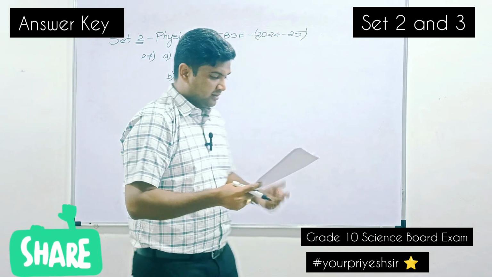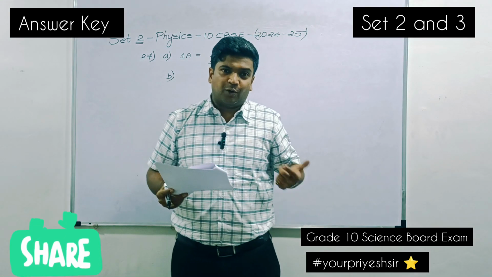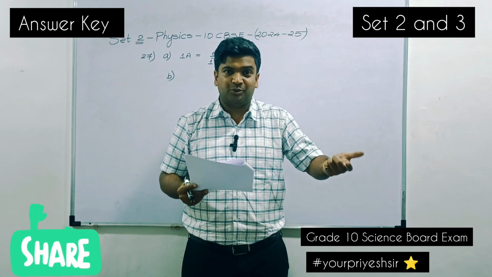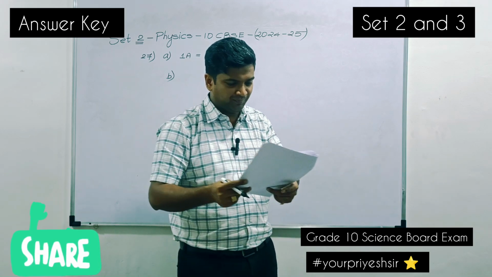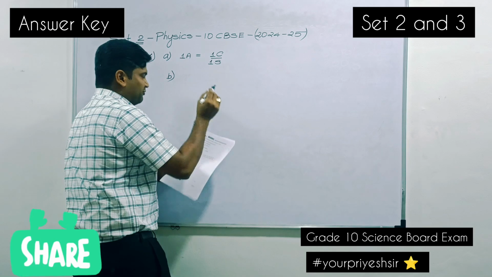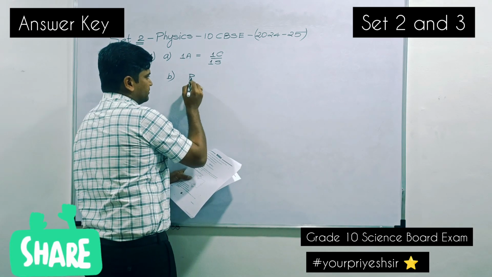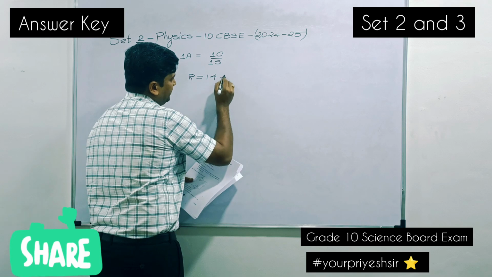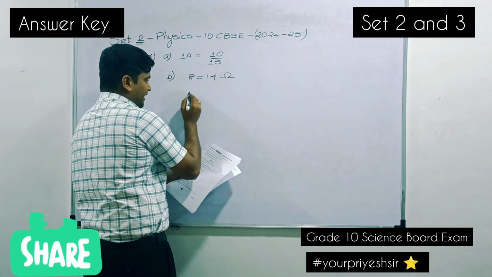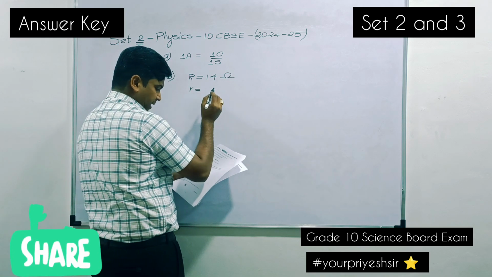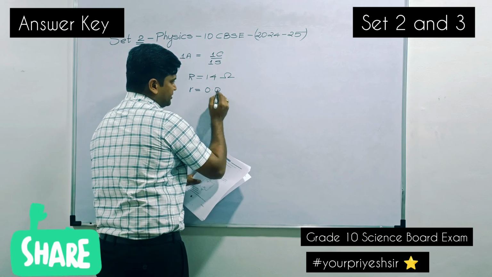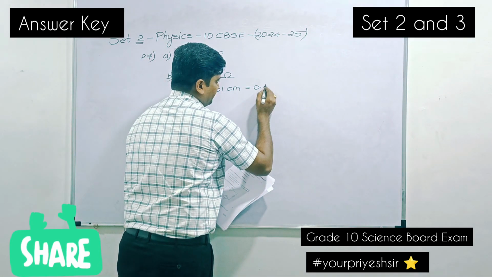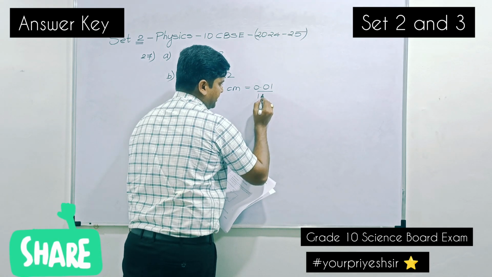B. ये तो एक्सपेक्टेड था क्वेश्चन. रेजिस्टिविटी के ऊपर तो न्यूमेरिकल नहीं आएगा तो उसको पसंद नहीं है सीबीएसई को. रेजिस्टेंस इज 14 ohms. तो रेजिस्टेंस है 14 ohm. रेडियस ऑफ द वायर 0.01 centimeter. तो फर्स्ट वी हैव टू कन्वर्ट दिस इनटू एसआई यूनिट.